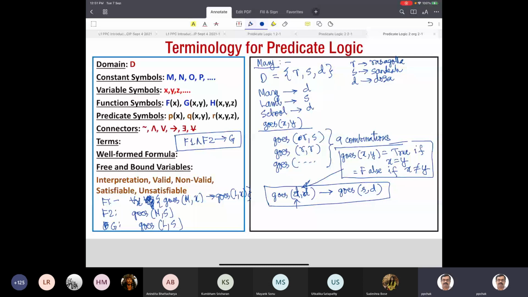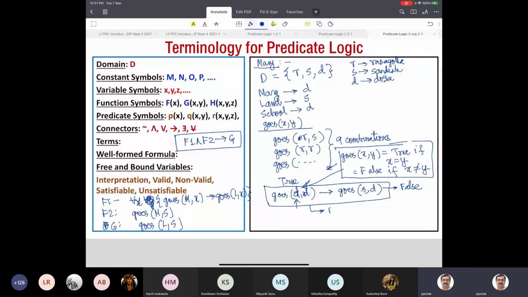But this part is true because I have defined this to be true. Goes(X, Y) is true if X is equal to Y. But will goes(S, D) be true? False. This is false. So this part of this formula will become false.